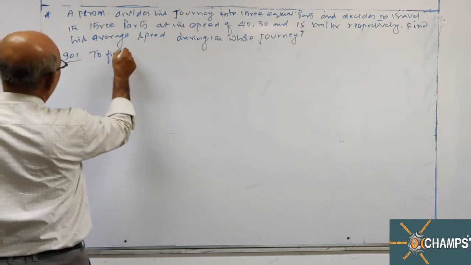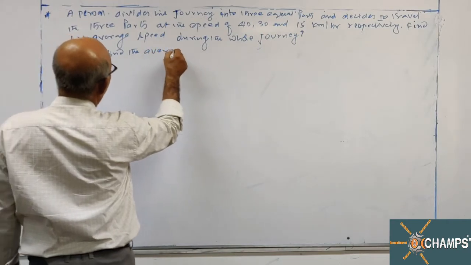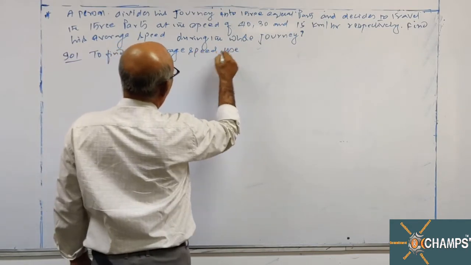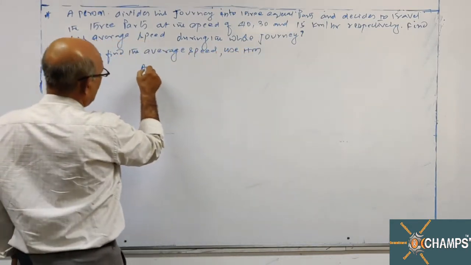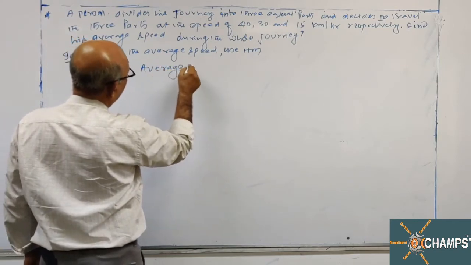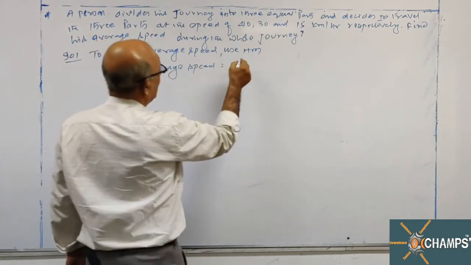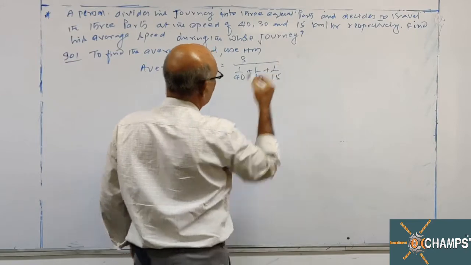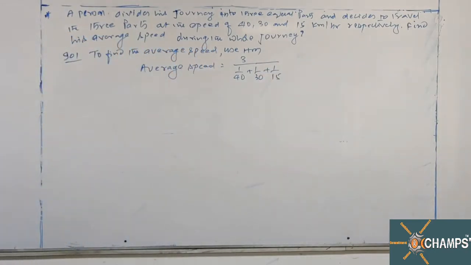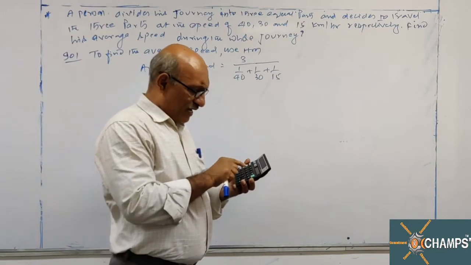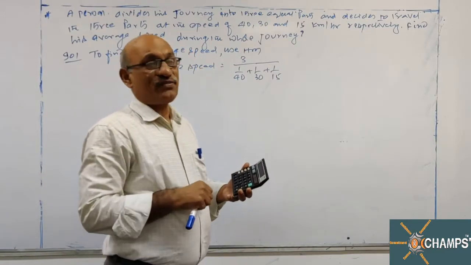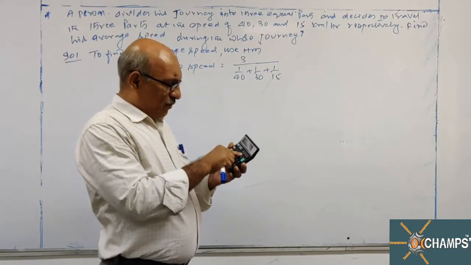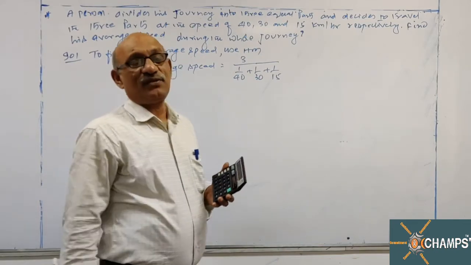To find the average speed, use harmonic mean. So average speed is equal to 3 divided by (1 by 40 plus 1 by 30 plus 1 by 15). We can simplify this: 1 divided by 40 memory plus, 1 divided by 30 memory plus, 1 divided by 15 memory plus.